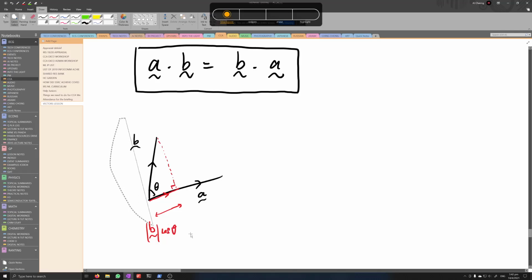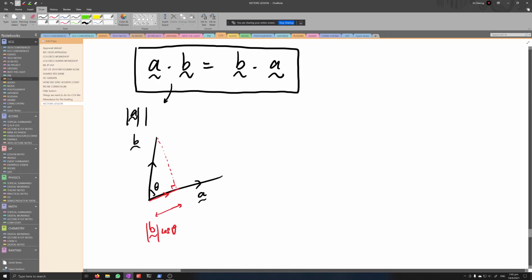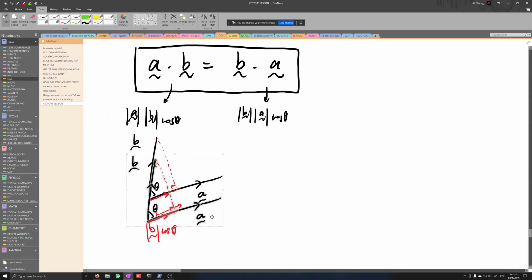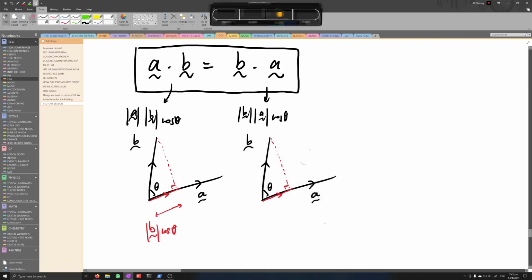So here is A, here on the left hand side we have mod A times mod B cosine theta. Then here we have mod B times mod A cosine theta. Essentially, it is taking the same thing, just that you look at it from this perspective. Oh shucks.